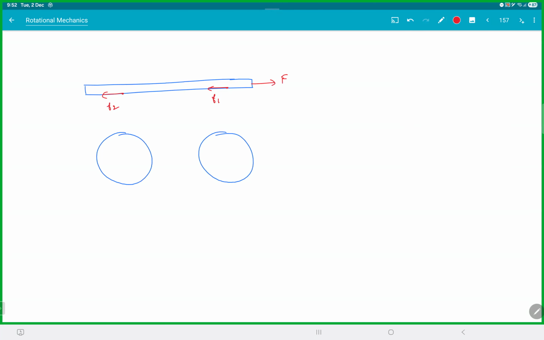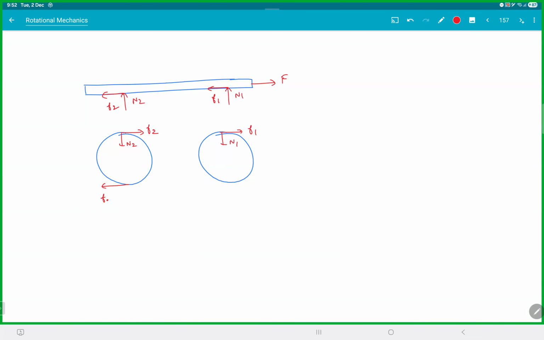If both had been solid cylinders, you could argue because of symmetry they'd have the same frictions. Now because both are not identical, you can't do that. So the same friction will act here, F2. The same friction will act here, F1. This will be N1. This will be N2. This will be N2. This will be N1.